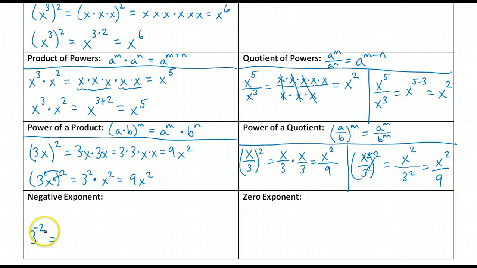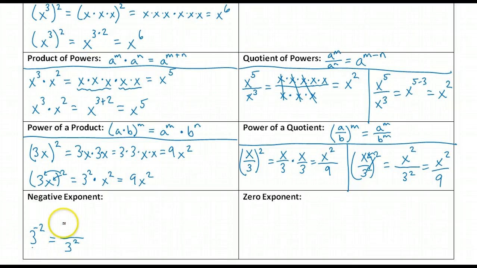In order to get this exponent positive, I'm going to bring this whole thing down into the denominator of a fraction. I'm going to keep my base 3. The only thing that's going to change is my exponent, and my exponent is going to go from negative to positive.